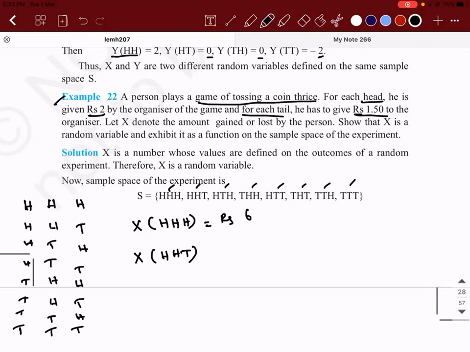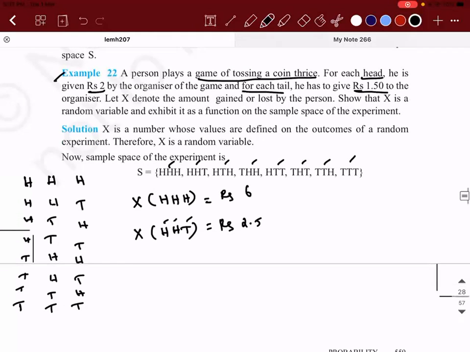Now X of HHT: for 2 heads, he gets 4 rupees, and for 1 tail, he loses 1.50 rupees. So the answer would be 4 minus 1.5, which is 2.5. Similarly X of HTH and X of THH are the same thing.